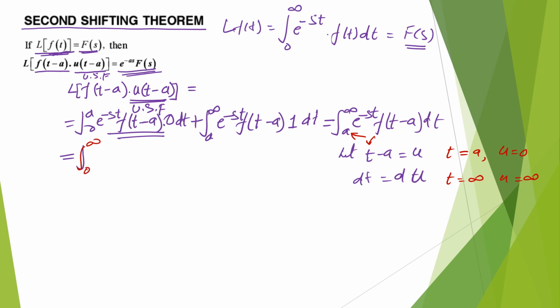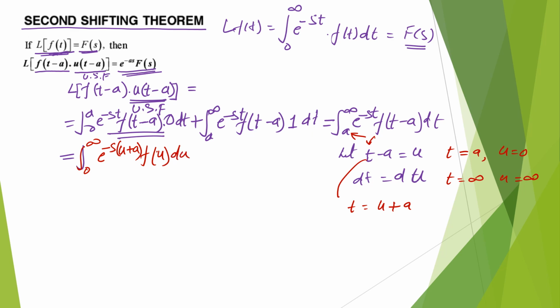0 to infinity e to the power minus s, and the value of t, from this portion we will calculate, t is equal to u plus a. So t is equal to u plus a, f of u, and dt is changed by du.